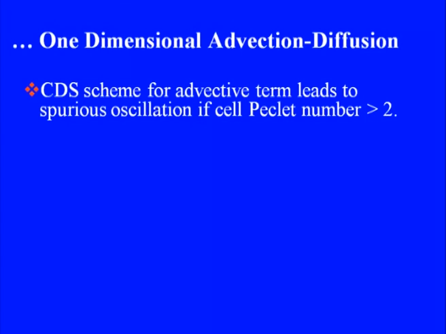We can use the central difference scheme for the advective term, and I would just like to make a generic statement that it can lead to what we call spurious oscillations. Even though our solution might be a smooth function, we would find lots of oscillations if the so called cell Peclet number is greater than 2.